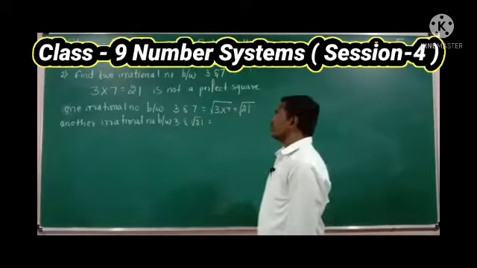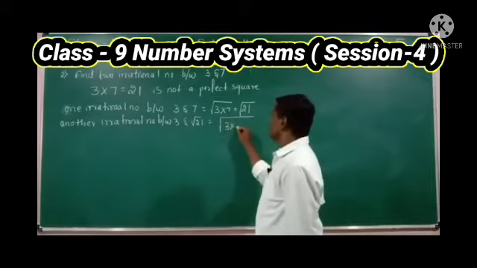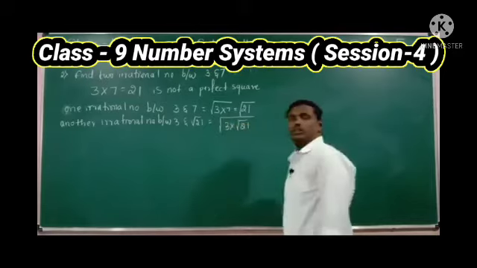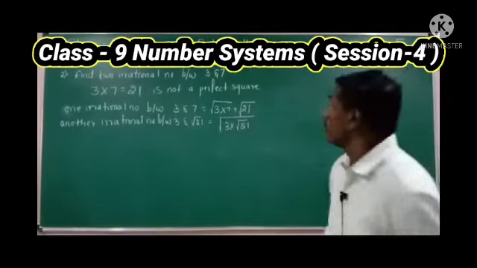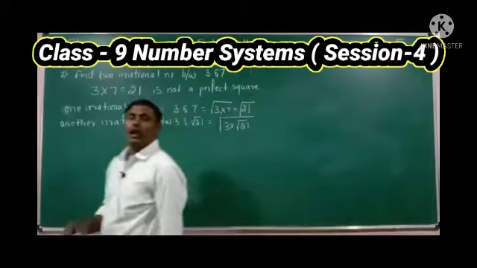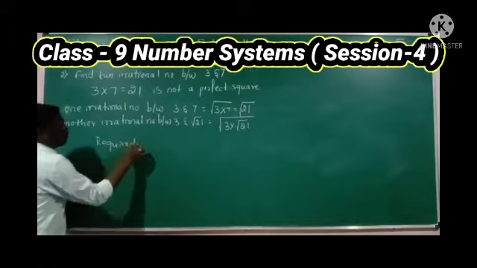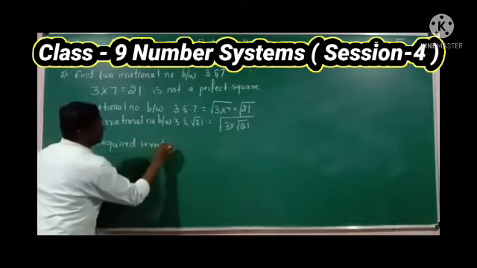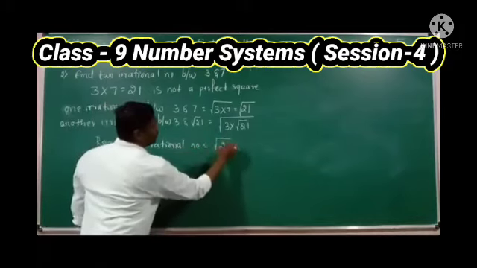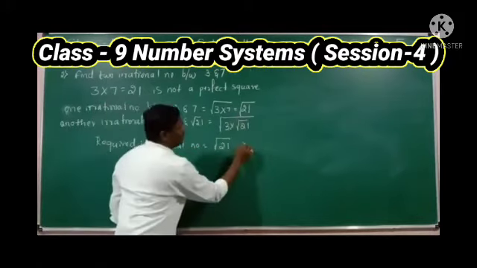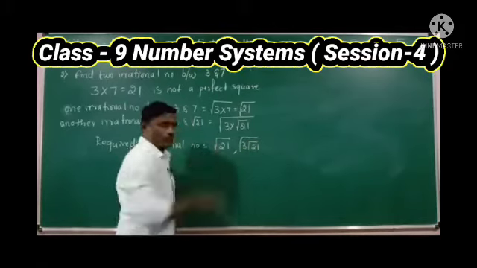3 and root 21. So multiply these two. 3 into root 21. We need to multiply that too. So what will you get here? The two required irrational numbers are first one root 21 and second one root of 3 into root 21.